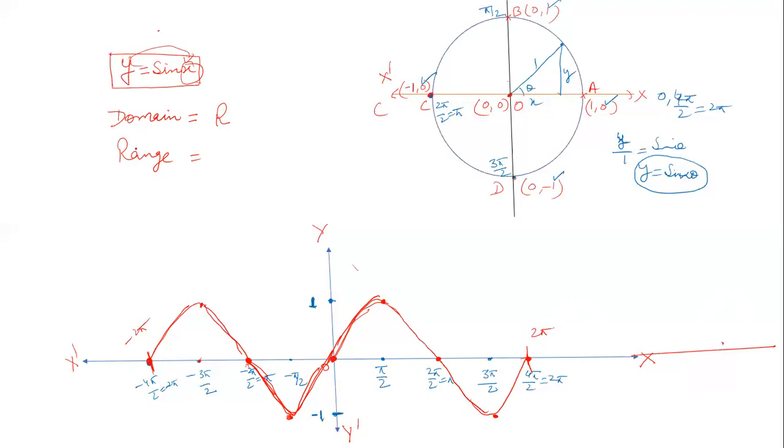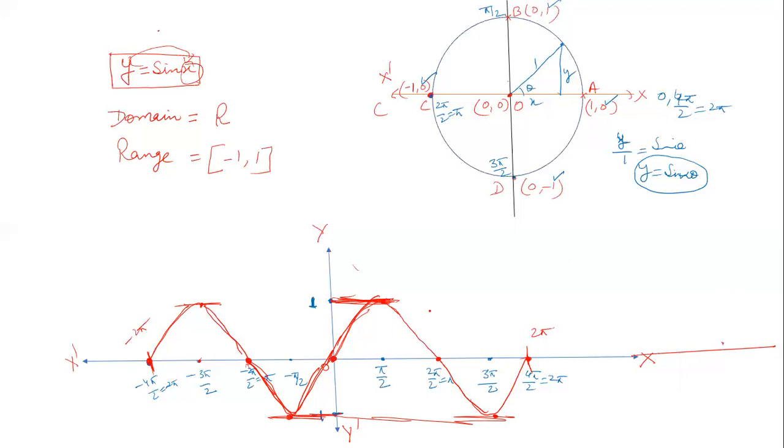We can see that the maximum we are getting is 1 and the minimum is minus 1. So its range would be minus 1 to 1.